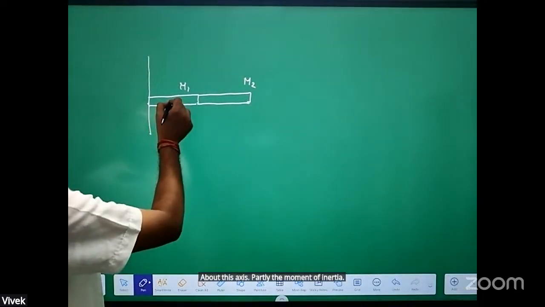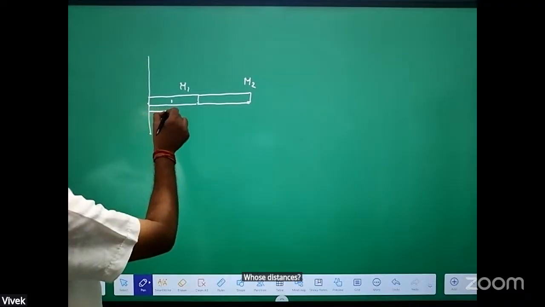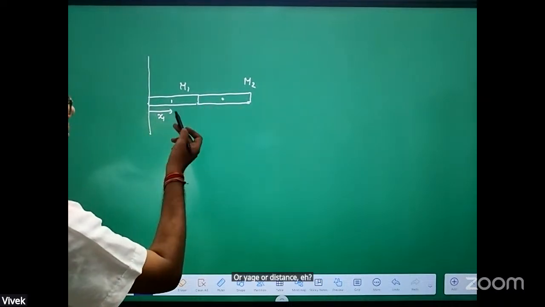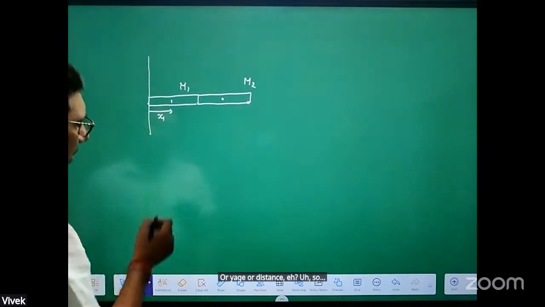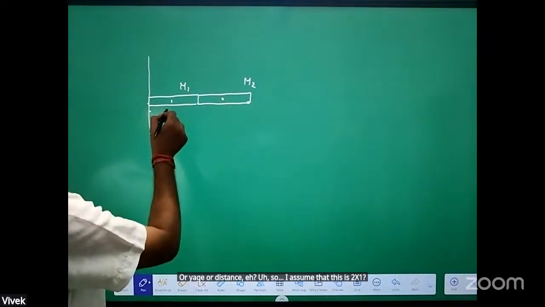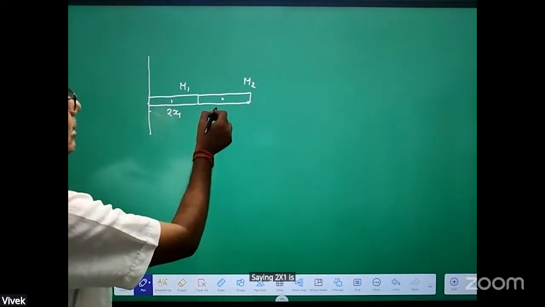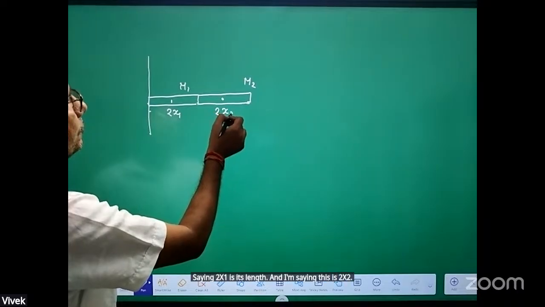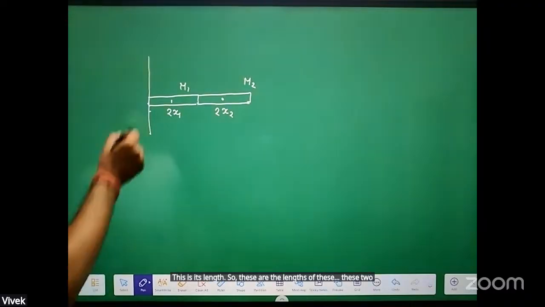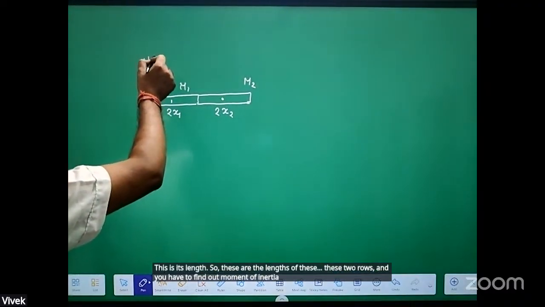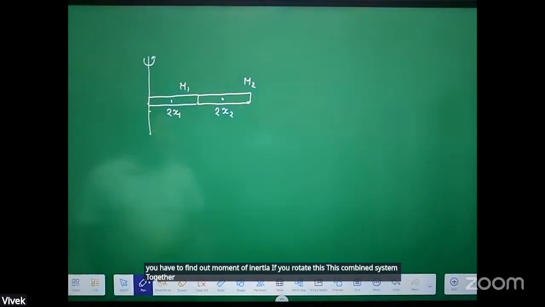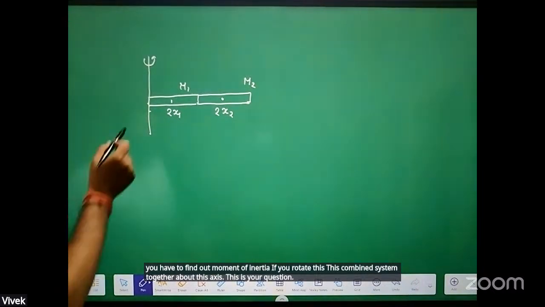Let's give some distances. Suppose the distance from here to here, I call it x1. And let's take some lengths. I assume that this is 2x1, saying 2x1 is its length, and I'm saying this is 2x2. These are the lengths of these two rods, and you have to find the moment of inertia if you rotate this combined system together about this axis. This is your question.